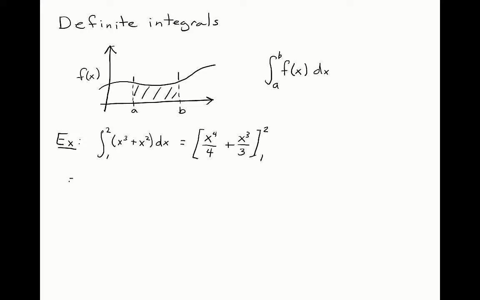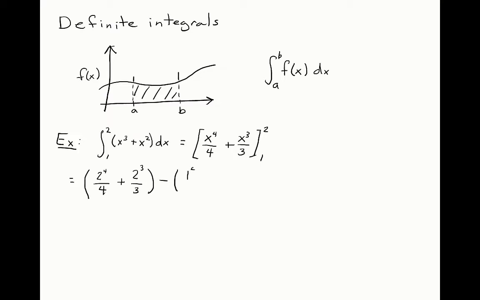And then what we do is first we plug in everything in here. We plug in the 2 for our x's. So we have 2 to the 4th over the 4 plus 2 cubed over 3. And then we subtract, and then we plug in the 1 for x's.